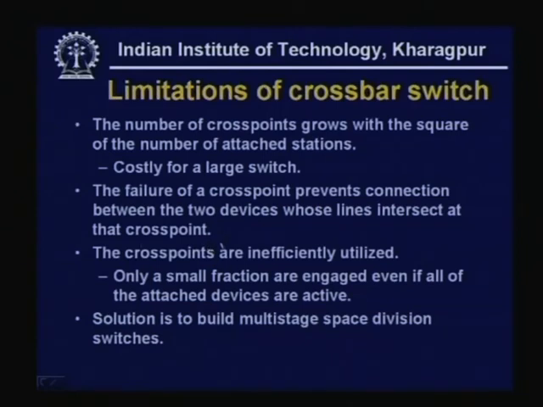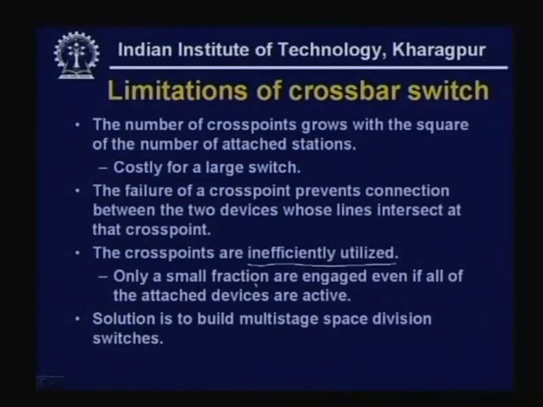I have explained that with the help of the diagram. Another important disadvantage is that the cross points are inefficiently utilized. What do we mean by that? We have seen that for a 1000 by 1000 network, you will require 1 million cross points. But are the 1 million cross points used efficiently? Unfortunately, no. Even when it is used heavily, maybe 40 to 50% of cross points are used, and all the other cross points remain idle.